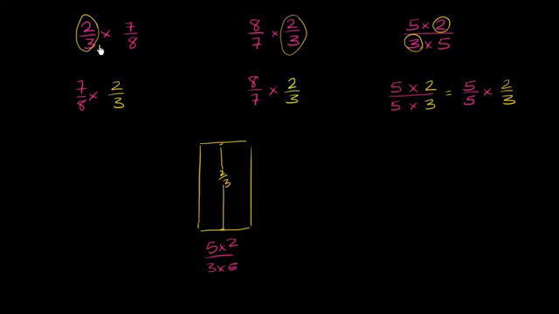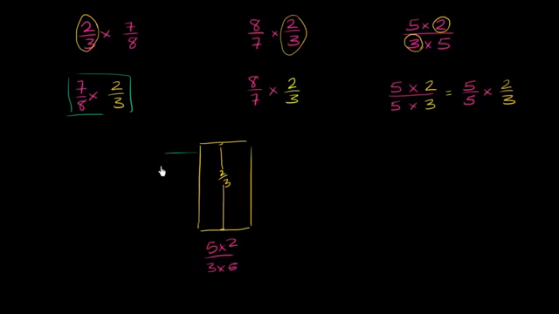Now let's think about what these would look like. So this is 7/8 times 2/3. So it's less than 8/8 times 2/3. It's less than 1 times 2/3. So we're going to scale 2/3 down. This is going to be less than 2/3. It's going to be 7/8 of 2/3. So this one right over here would look something like this.